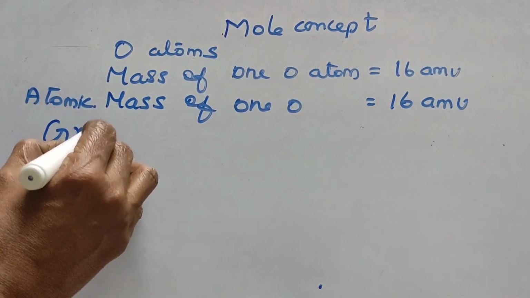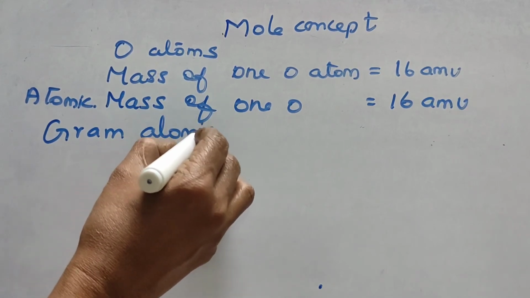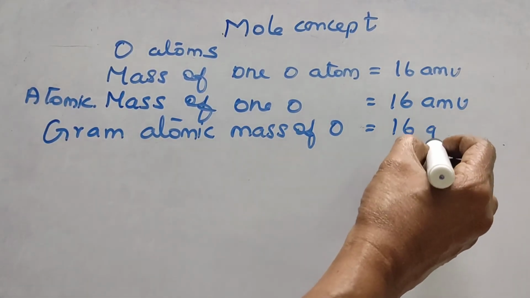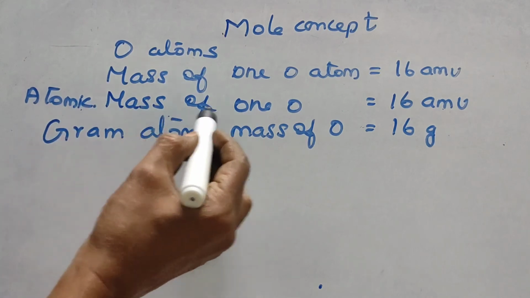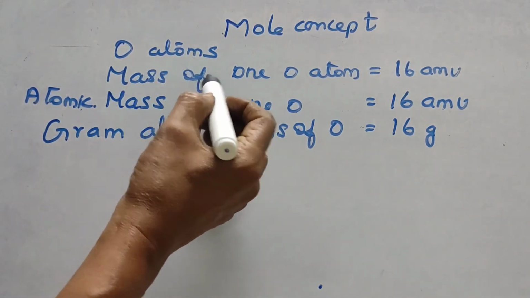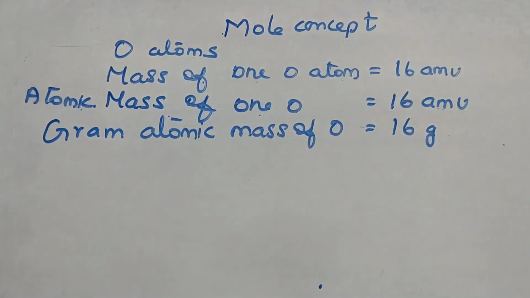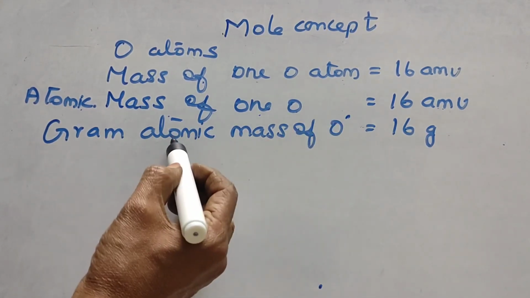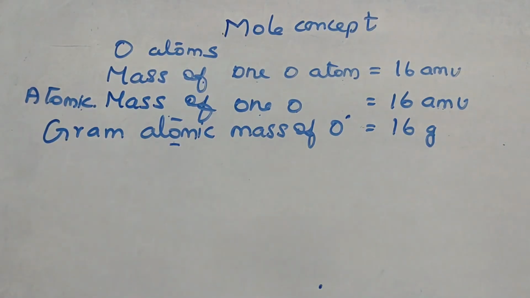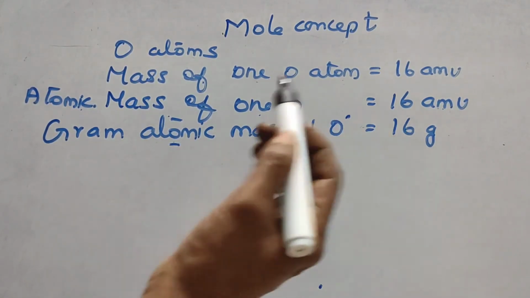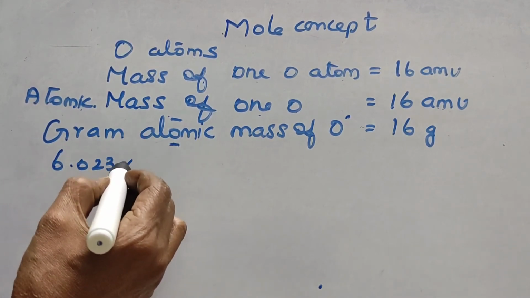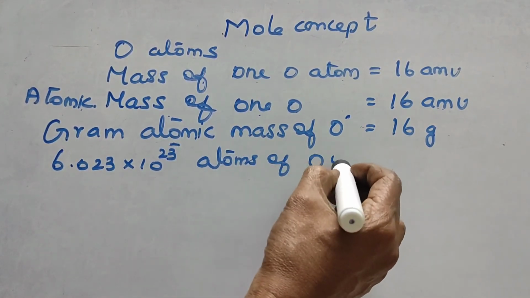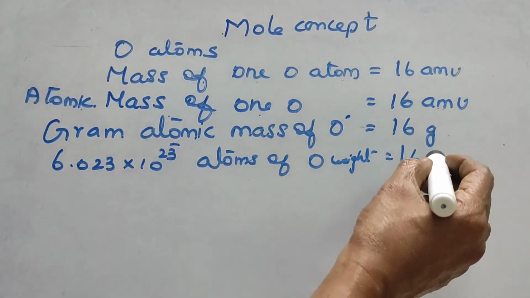Gram atomic mass of oxygen is 16 gram. This gram atomic mass of oxygen contains 6.023 into 10 power 23 atoms of oxygen, weighing 16 gram.